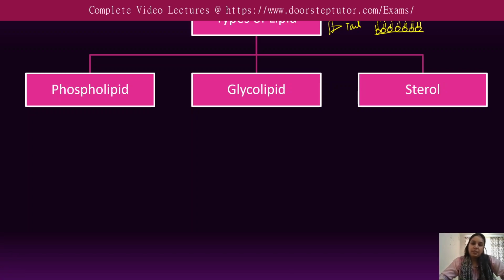Every layer, meaning every single monolayer, these two together form the bilayer. The first layer is present on the outer side, the exoplasmic space, and the other layer, we can say the inner leaflet, is present on the cytoplasmic space.